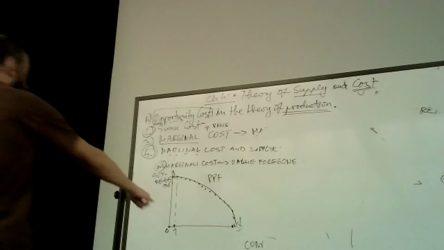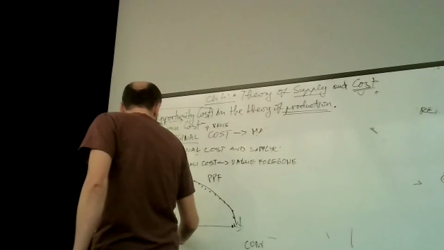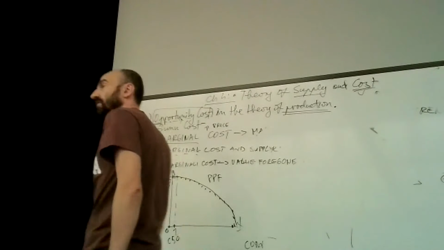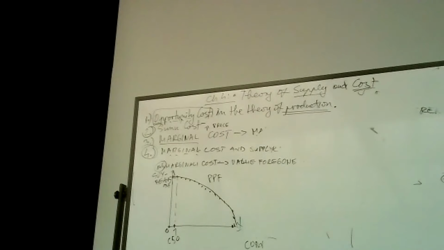So if the price of corn is 50 cents per unit, and the price of soybeans is $1 per unit, are you going to produce the first unit of corn? No, because you will be losing 50 cents per metric ton of corn. You would be losing 50 cents that you could have earned if you stuck to producing only soybeans.